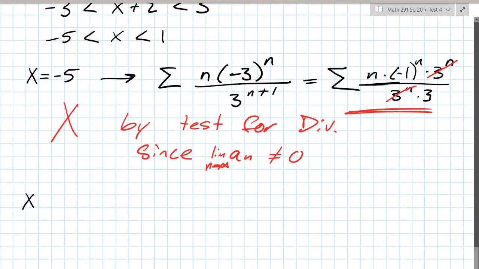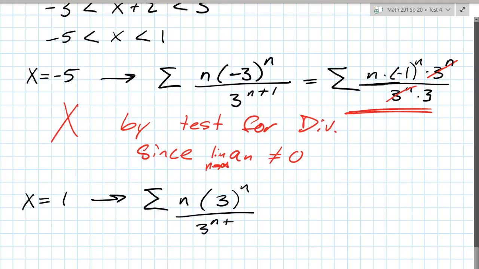And then when x is equal to positive 1, we've got the sum of n times 1 plus 2 is 3 to the n over 3 to the n plus 1, which is the sum of n divided by 3.